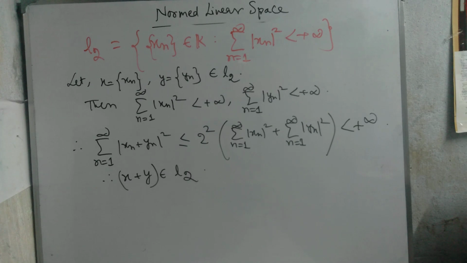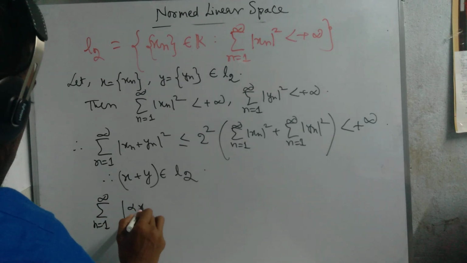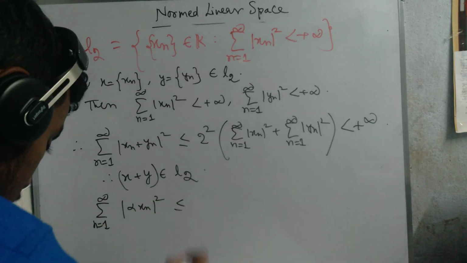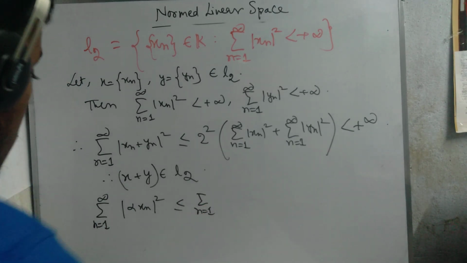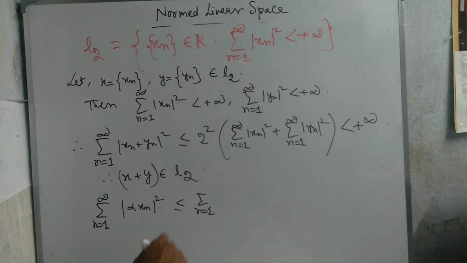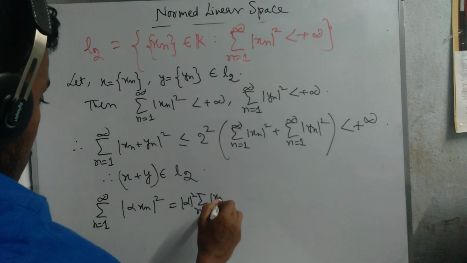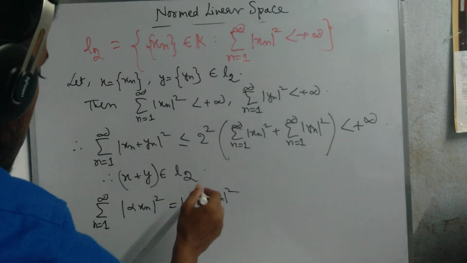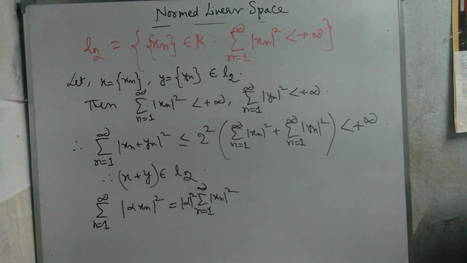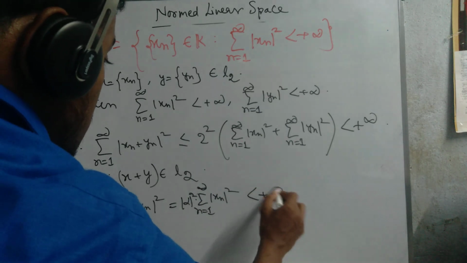We also write it this way: summation n equal to 1 to infinity alpha xn square is less than or equal to, or equal to, if we write it then this is better, summation norm of alpha square norm of xn square, which is less than plus infinity.